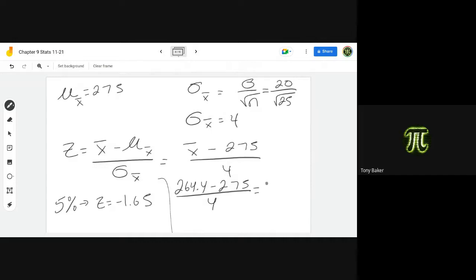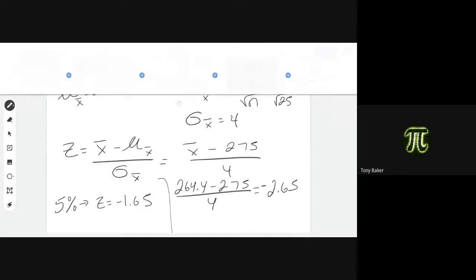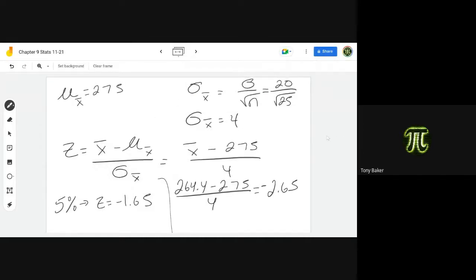And this ends up equaling negative 2.65. So I wanted my Z-score to be negative 1.65, and my Z-score ended up being negative 2.65. So the question is, do I accept or reject the null hypothesis?